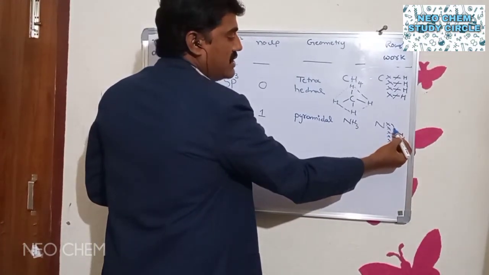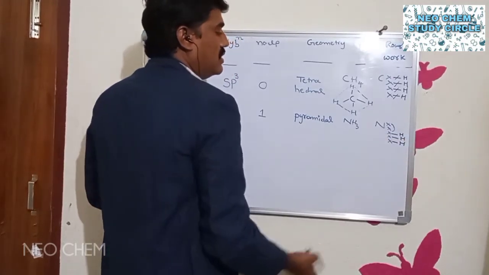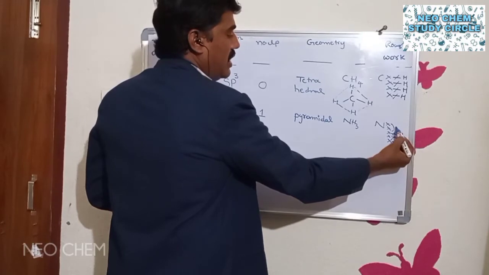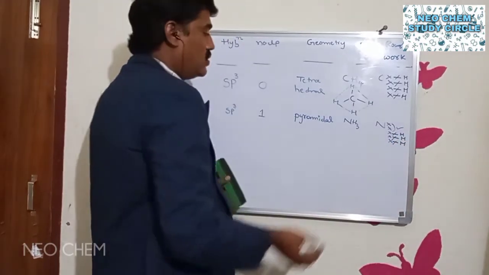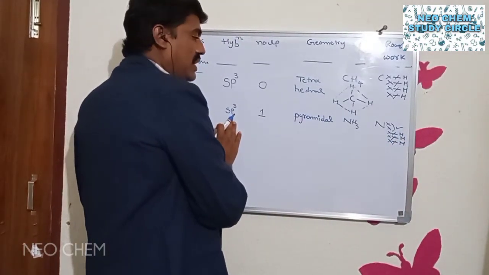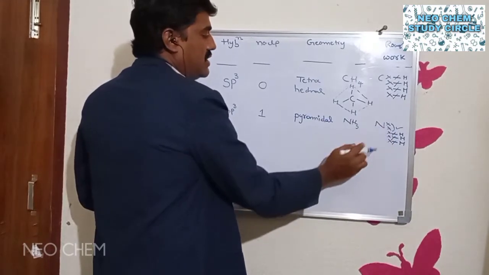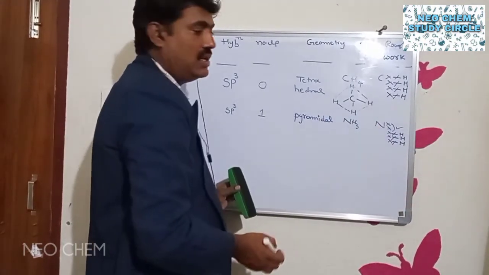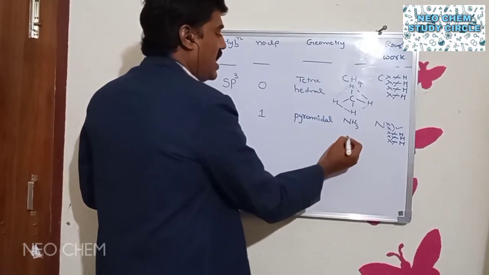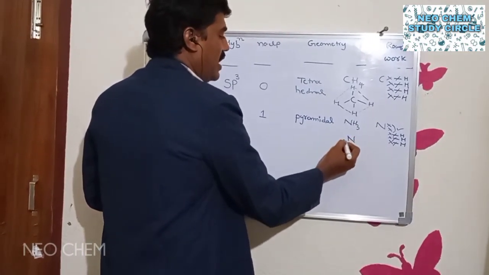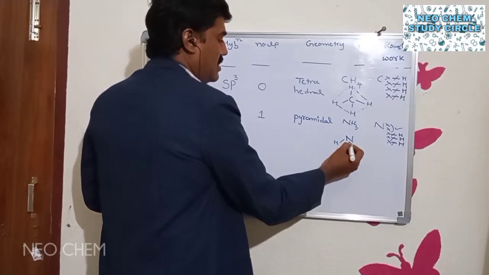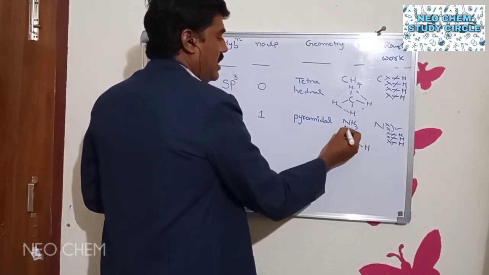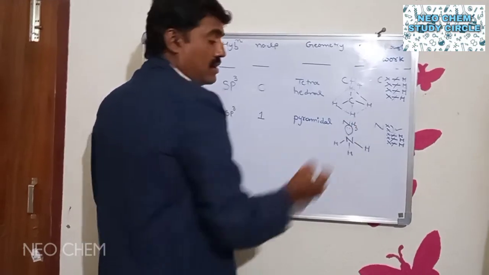So these are sigma bonds. There are totally 1, 2, 3, 4. So hybridization is sp3. After sp3 hybridization, one lone pair of electrons is remaining over the nitrogen. That's why the geometry of ammonia is pyramidal like this. This is the pyramidal geometry with one lone pair.